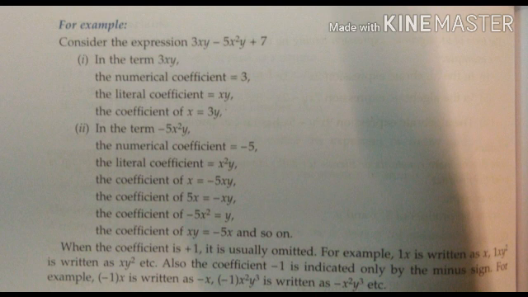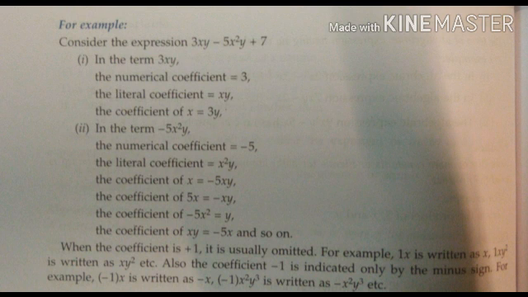Okay, if you see the other one, minus 5x square y, if I ask you what is the coefficient of 5, you just cover up 5. What is left? The minus sign is left, x square y is left, so minus x square y is the coefficient of 5.